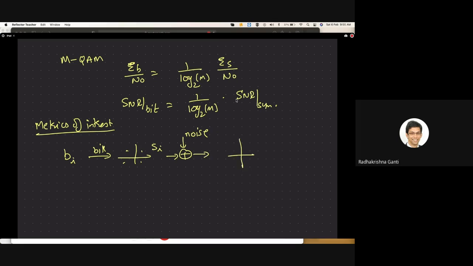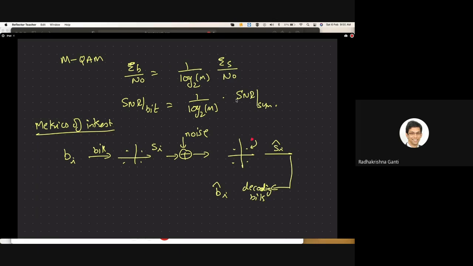Once we get the constellation point, we map it to something, so you're estimating the transmitted symbol. From this, you decode the bits, and these bits are called b_i hat. So you transmitted b_i, and at the receiver, you decided that b_i hat was transmitted.